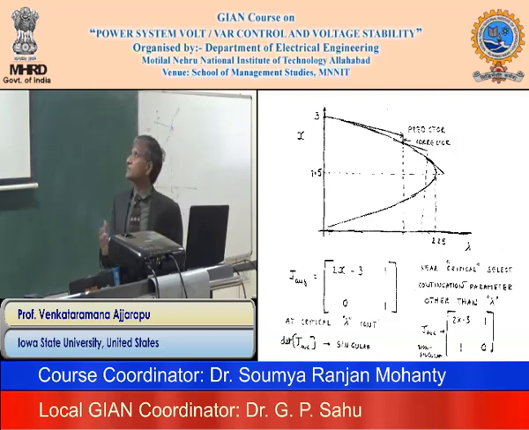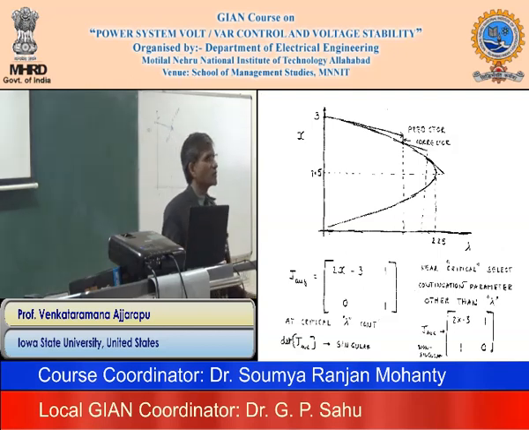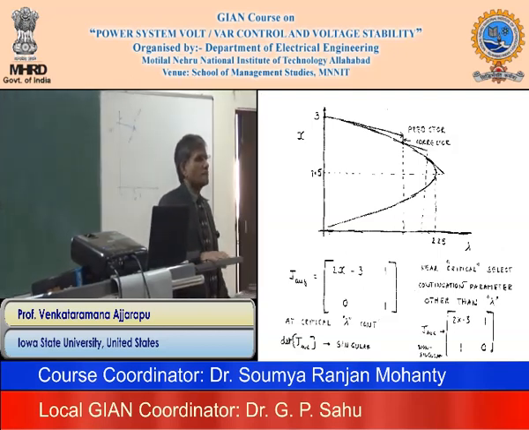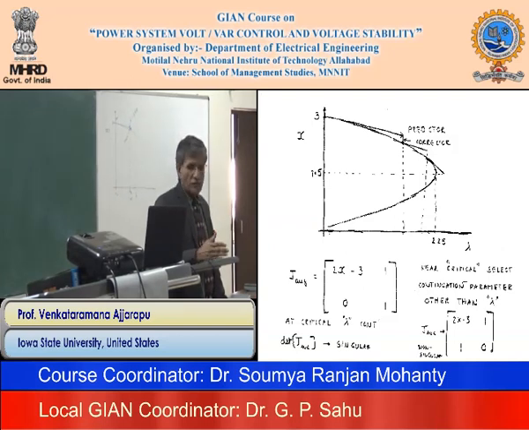Now we talk about lambda, right? What does lambda mean in the power flow? So you know how to increase the P, right? You can think about P as the parameter. The real power is the parameter.